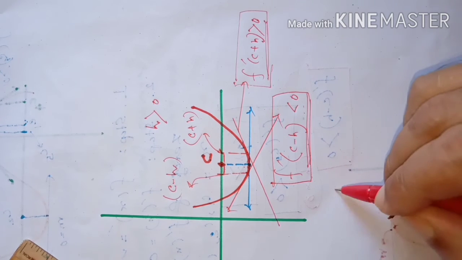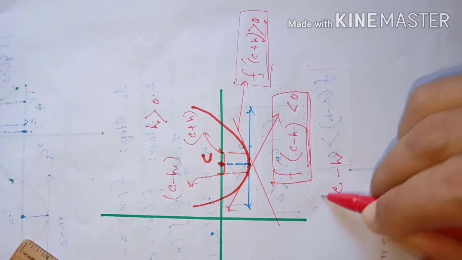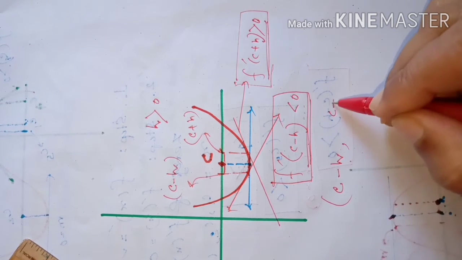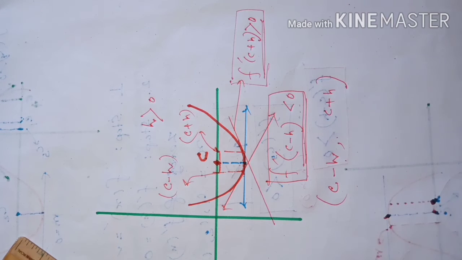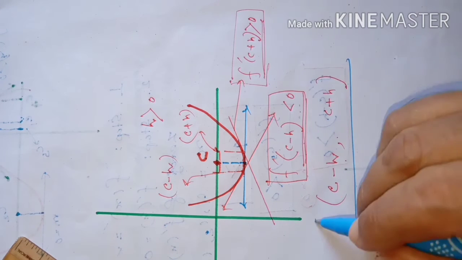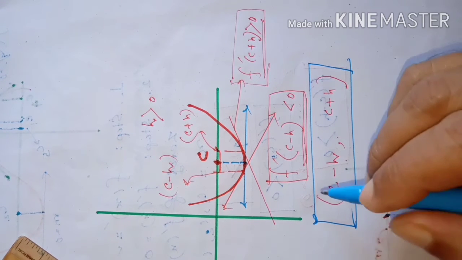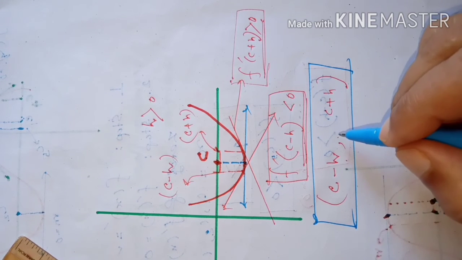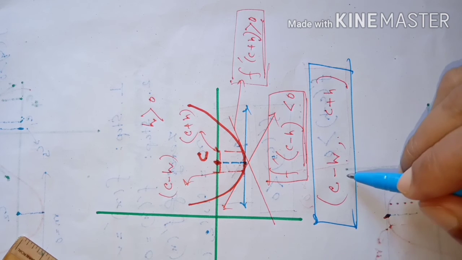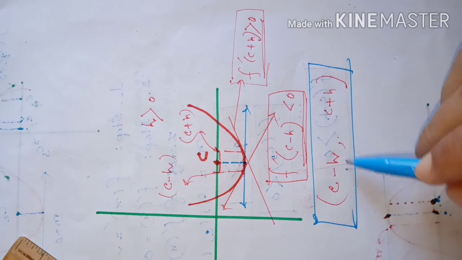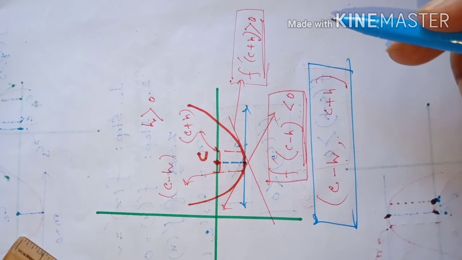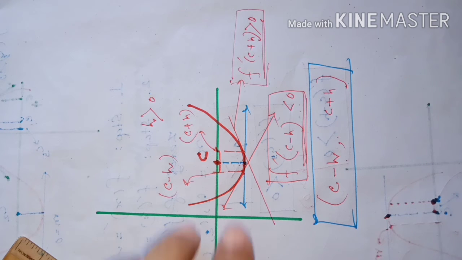The interval is C minus H and C plus H. In this interval, point C lies, no? And we are talking about the local minima. That is, point C will be called local minima if at C minus H the slope is less than 0, and at C plus H the slope is greater than 0. We say the point C is point of local minima.